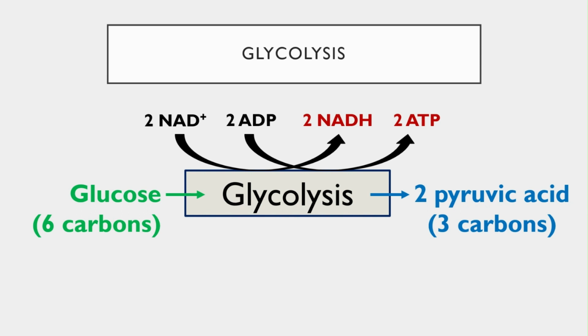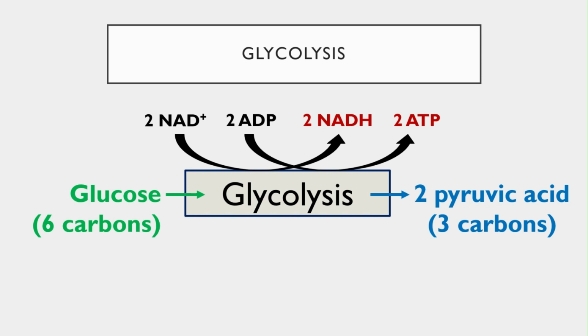So here we have a catabolic reaction going from a more complex molecule to two simpler molecules. We have captured energy from this reaction in the form of ATP, and additionally we have transferred some electrons to NADH. Overall, the net result of glycolysis is the conversion of one glucose molecule into two molecules of pyruvate, two molecules of ATP, and two molecules of NADH.